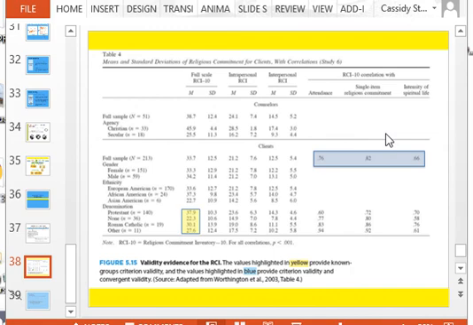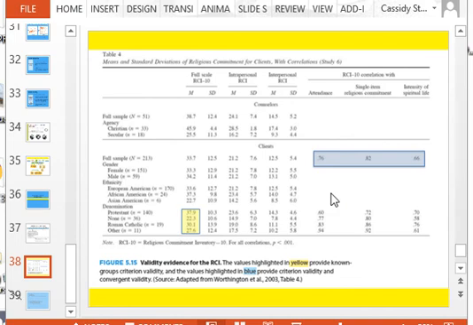So people who score highly should probably do more religious things, like, say, attend church. And what we find is that if people score highly on our religiosity scale, they also tend to attend church more regularly than people who score low on this scale.